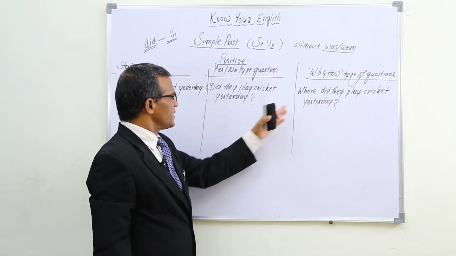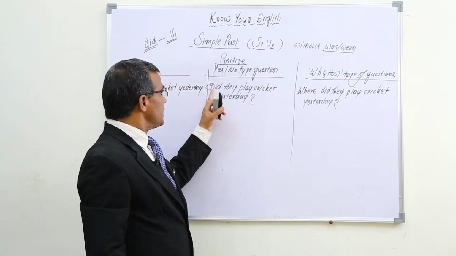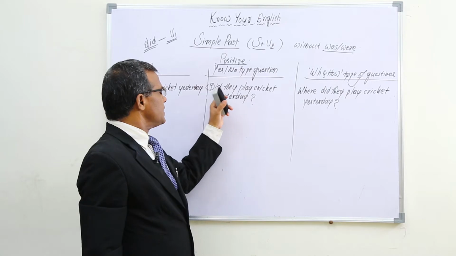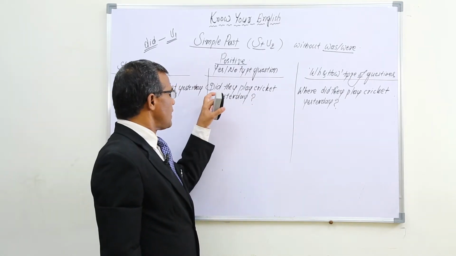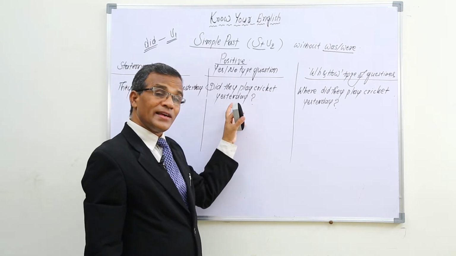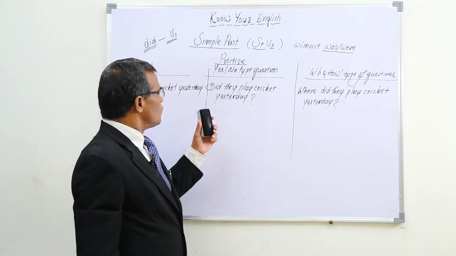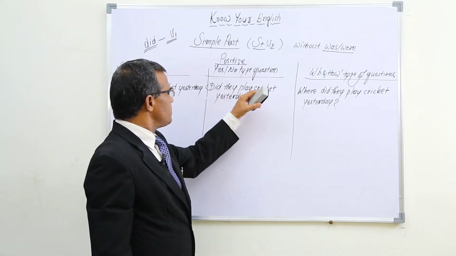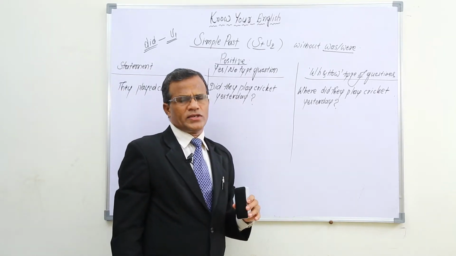And if you want to put a question with when, we remove yesterday: when did they play cricket? You can say where, when, and which game. Which game did they play yesterday? Like that we can put questions.